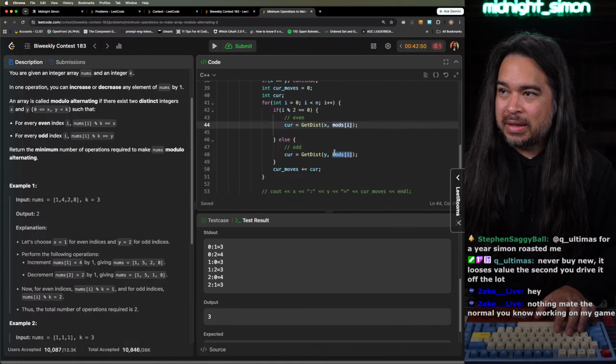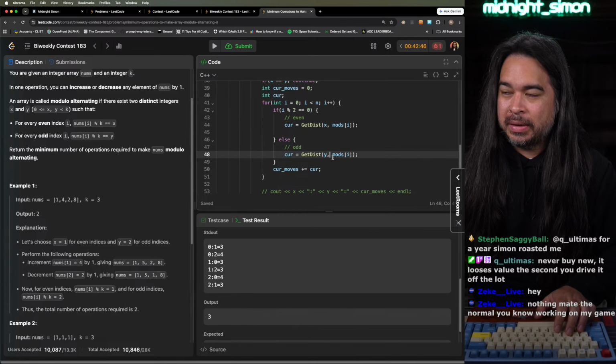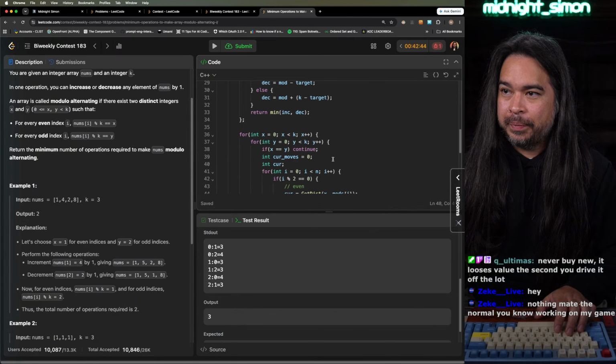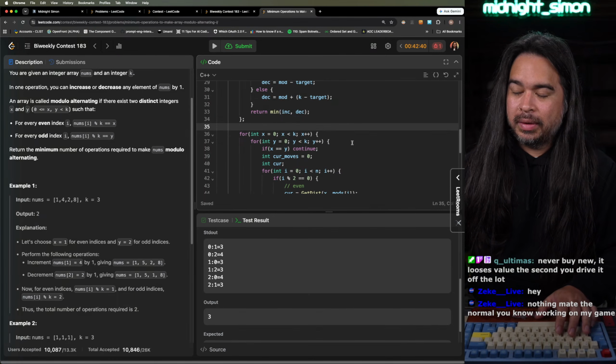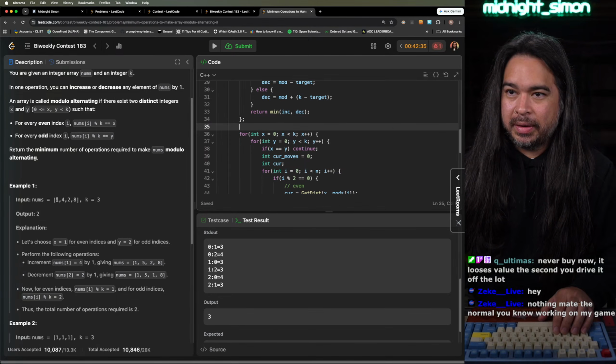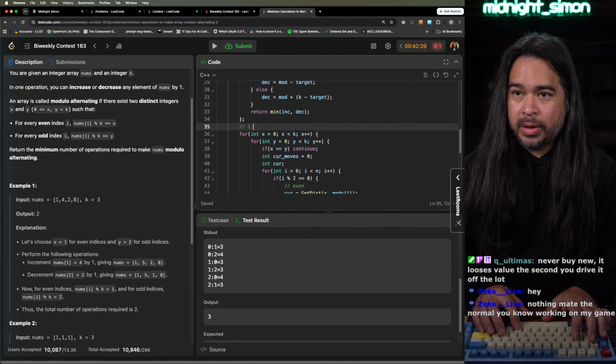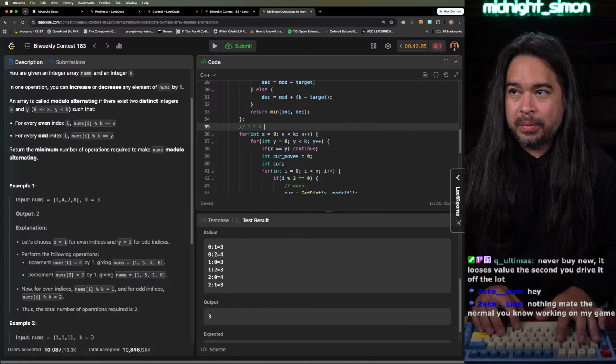Mod's is even, and this is odd. X, Y. First, let me think. There should be one. My mods array should be 1, 1, 2, 2.